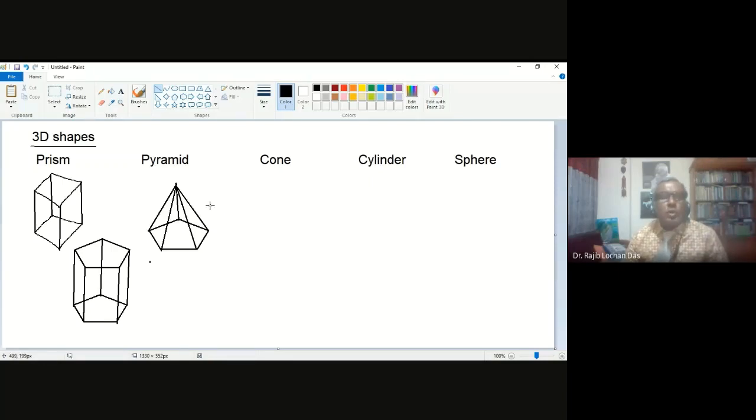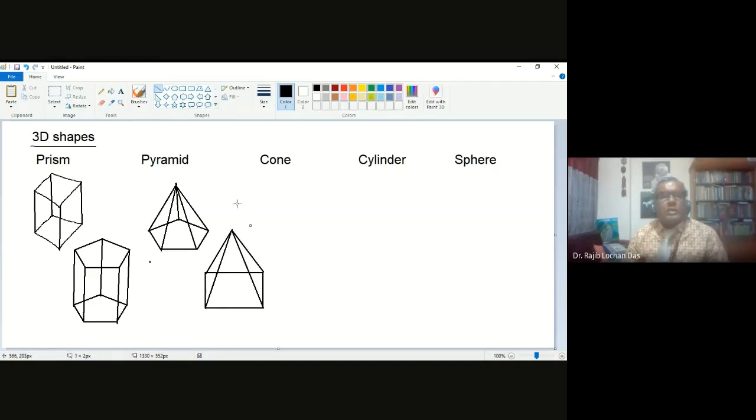So the floor can be any shape. Floor can be triangle, rectangle, anything possible. Just from one point, all the lines will come to the corners. So one single point will be at the top, and you have the pyramid.